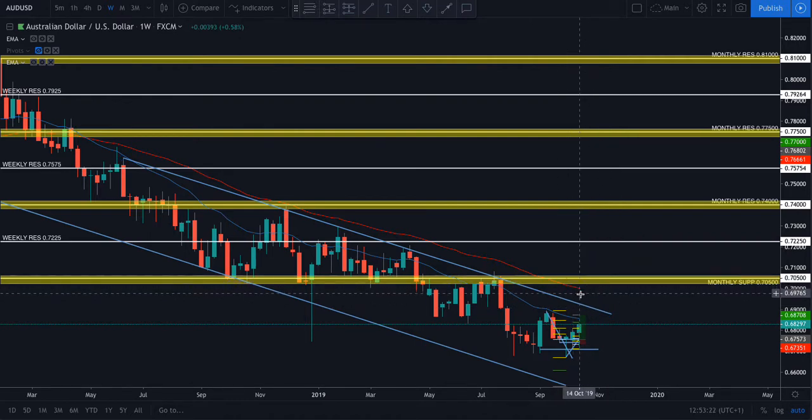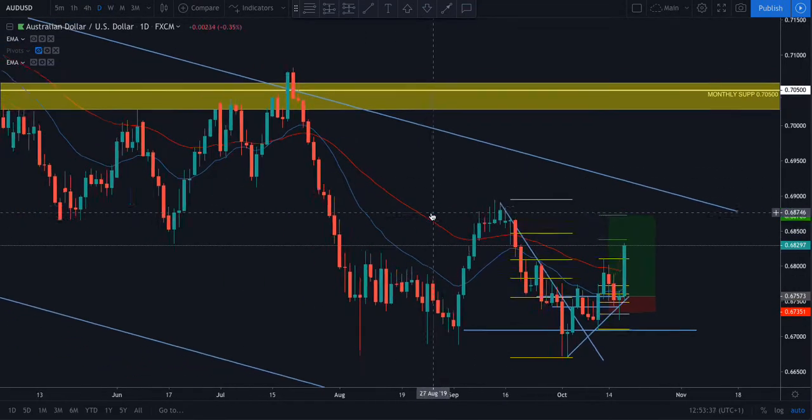I doubt we'd ever hit the weekly 50 EMA, but you can see where it's above. It's an area that price naturally will head towards.